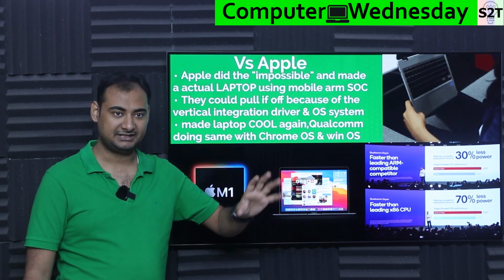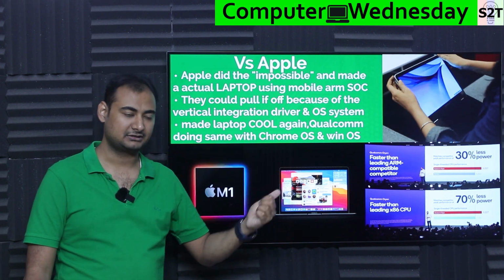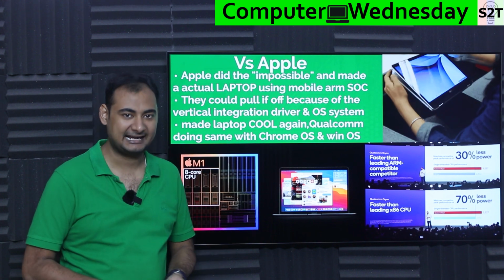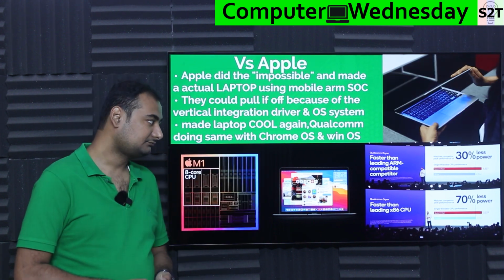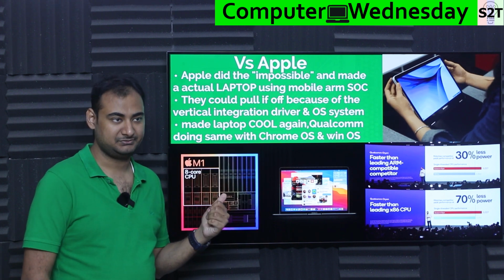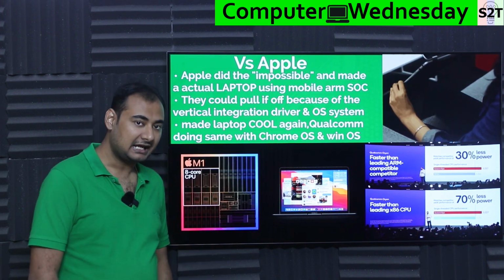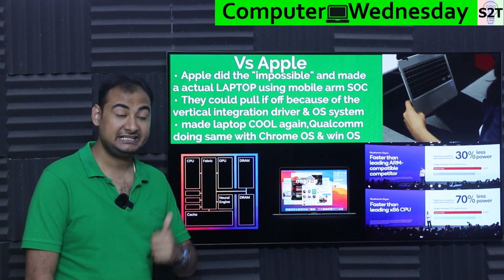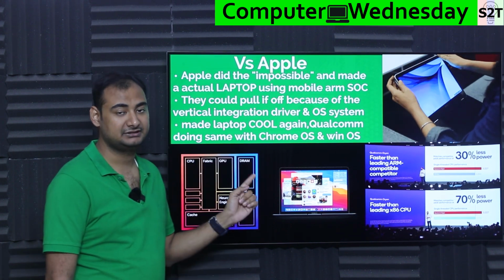That pipeline, going from Qualcomm to Google to the device vendor, is already happening. So this is a very significant boost to Chrome OS devices, meaning in the next two to three years, we'll have Chrome OS devices with the same polish, the same efficiency, even better battery life than Apple.